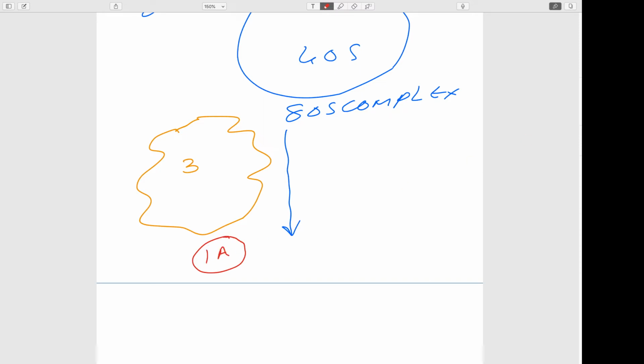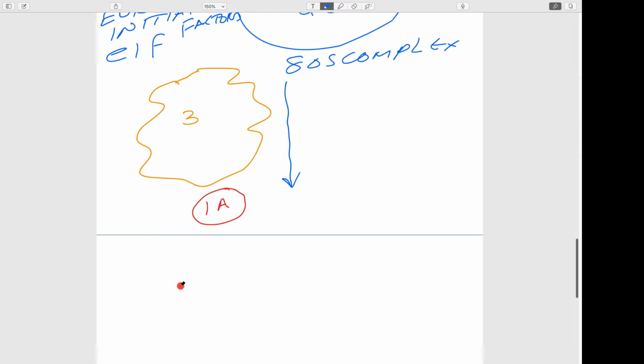These are eukaryotic initiation factors. These are eIF3 and eIF1A. I will not be mentioning eukaryotic initiation factor again and again. Simply I will mention the number of the particular factor so that it will be easier for us.